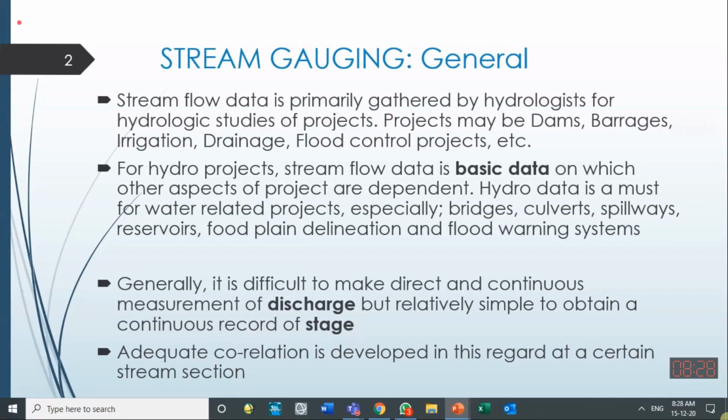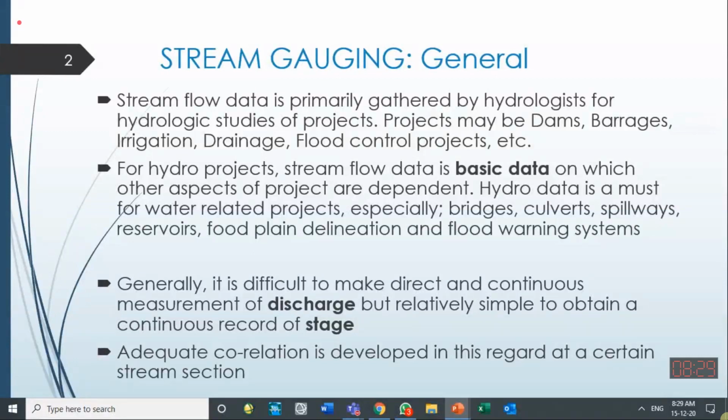They have installed stream gauges on most of the rivers and tributaries of the Indus Basin, especially those which are providing water to the dams, reservoirs and barrages. They are constantly observing and recording that data so that anybody who needs it in later years can get it from WAPDA.